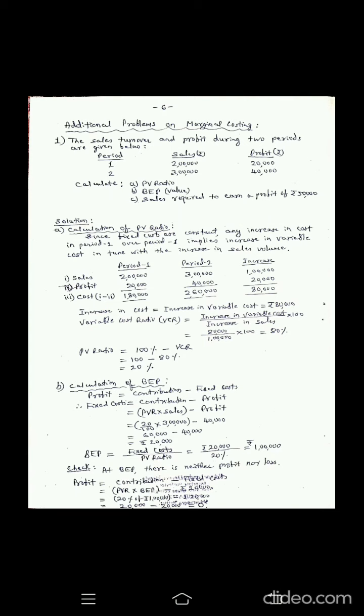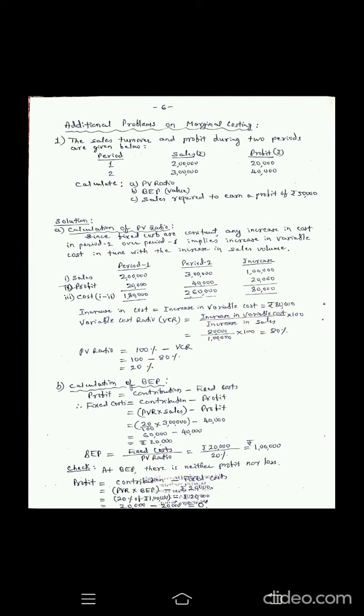So, here sales of period 2, 3 lakh rupees into 20%, comes to 60,000 contribution. Profit is 40,000 in period 2. It is given. So, 60,000 minus 40,000, we will get fixed costs of rupees 20,000. Here, if we consider period 1 also, we will get the same amount of fixed costs, rupees 20,000.